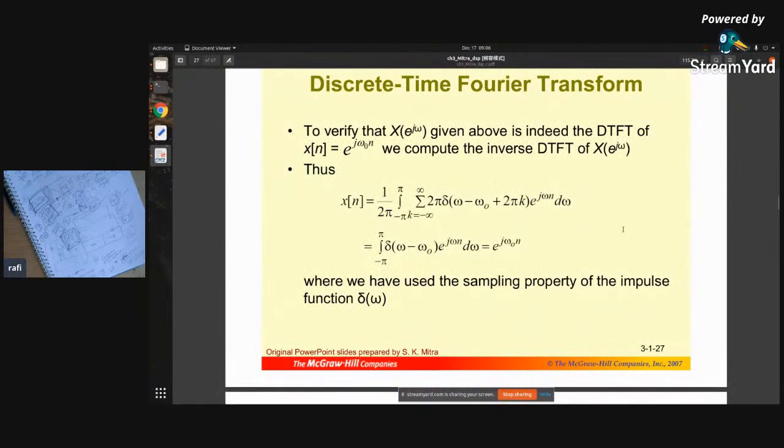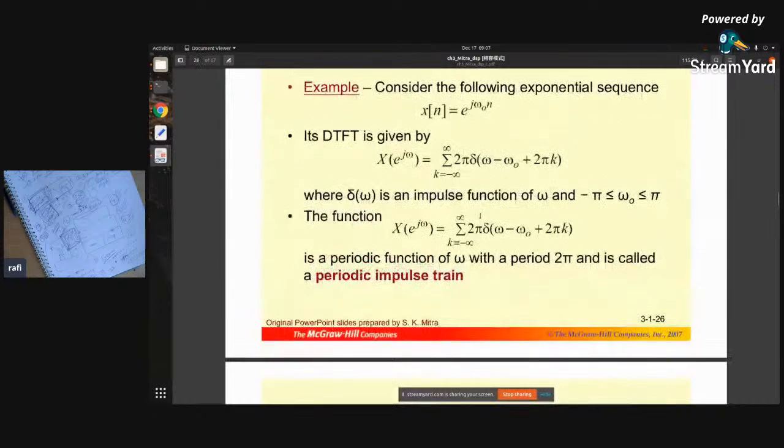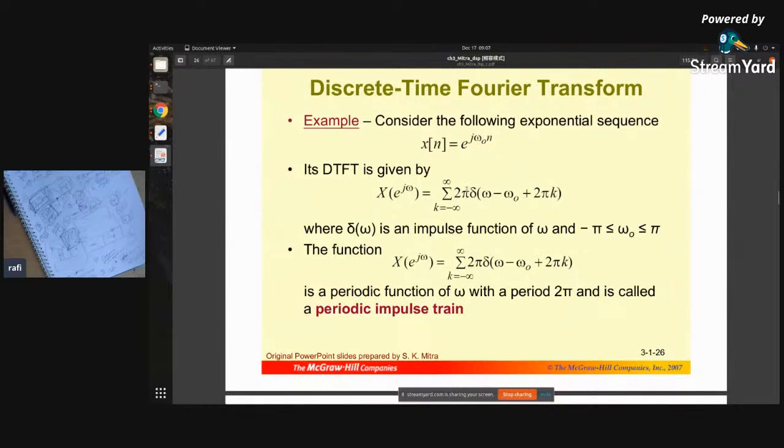So you have seen the discrete time Fourier transform for that complex exponential. If you take the inverse DTFT, we have just proved it the other way: if e power j omega naught n has this DTFT, what is the IDTFT of this one?